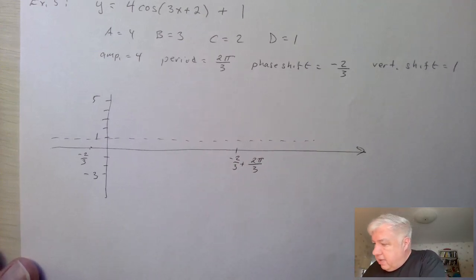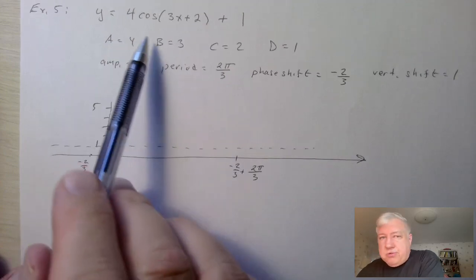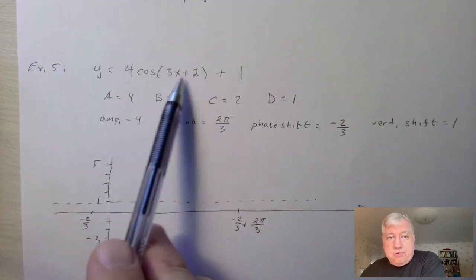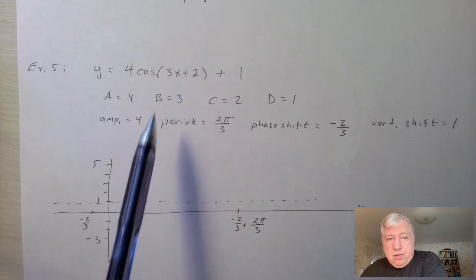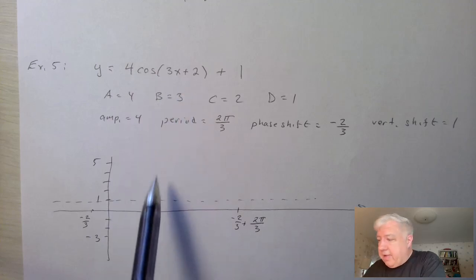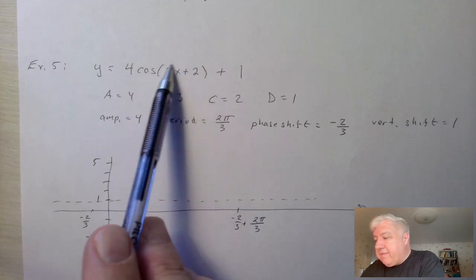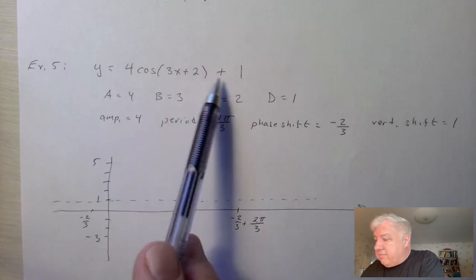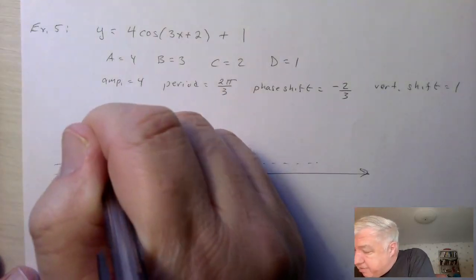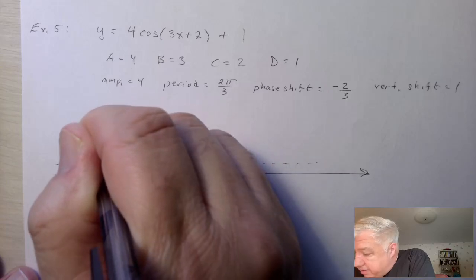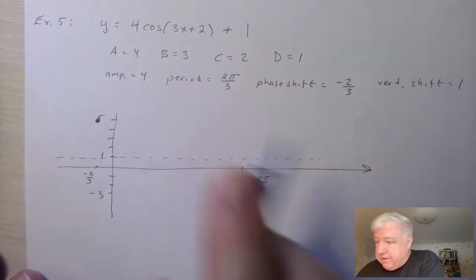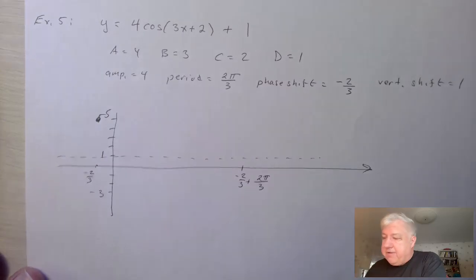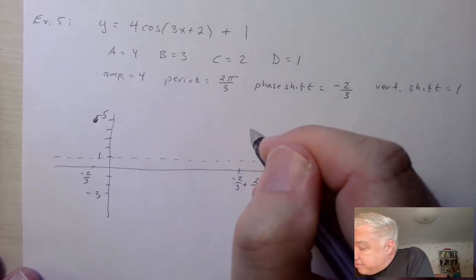Okay, and you can see that if you plug in negative 2/3 into here, the stuff in the parentheses becomes 0. So you only get 4 times 1 plus 1, that's 5. So we have this point up here, 5. So it should make this 5 here, and then you'll have a 5 over here as well.